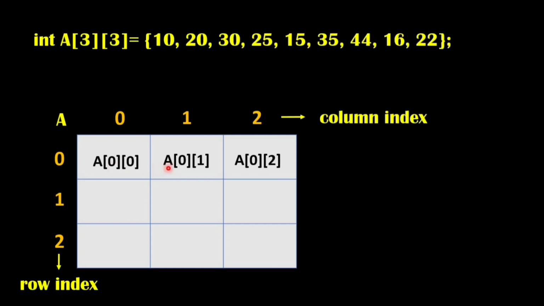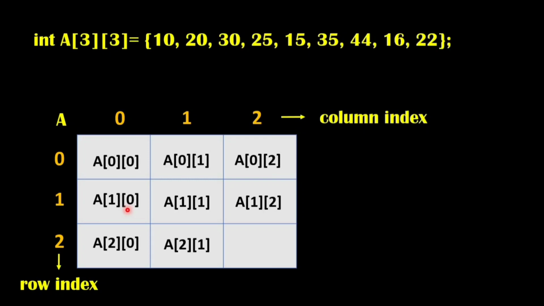The first index is row index, that represents the row 0. Second represents the column index 0, 1, 2. Same as that, a of 1, 0, a of 1, 1 and a of 1, 2. A of 2, 0, a of 2, 1 and a of 2, 2.